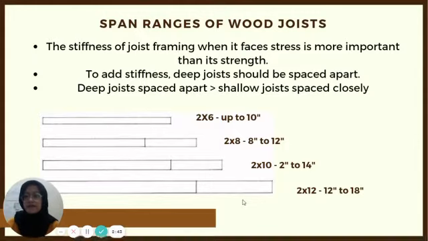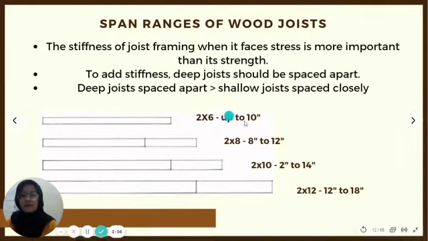So to add stiffness, joists that are deep should be spaced apart. By deep, I mean they are a lot thicker in terms of height. And it's more preferable to choose joists that are deep and spaced apart, in comparison to joists that are shallow and spaced closely.